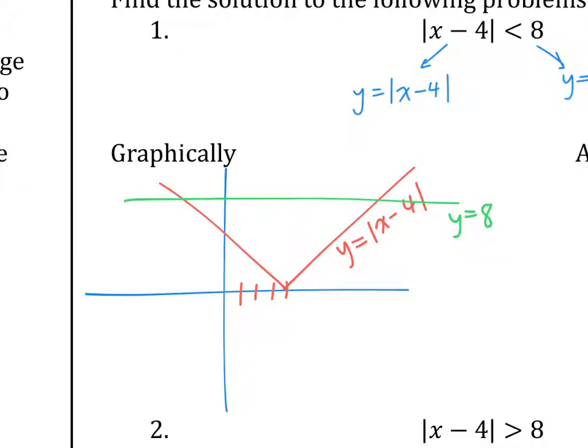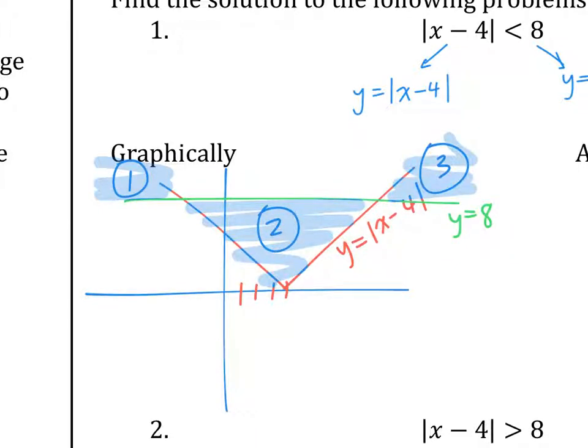If you cannot see it, I'm going to help you divide this into 3 regions. This is region 1, region 2, region 3, and these regions are cut by that green line. Can you guys see that? So region 1's here, region 2 is here, and then region 3 is here.